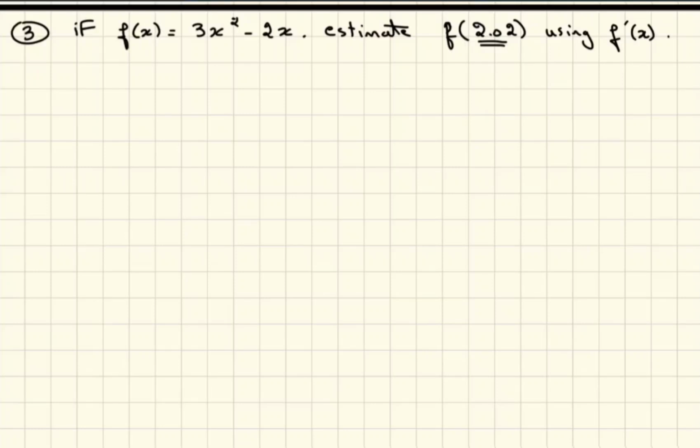There is a rule you should memorize, which is delta y is approximately equal to y prime multiplied by delta x. Delta y, it means a very small change in y.